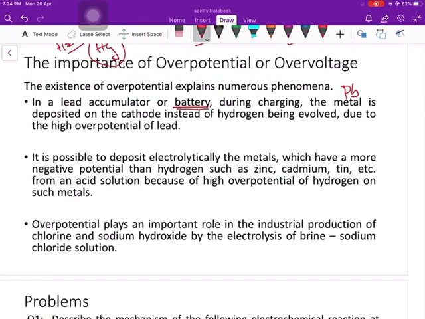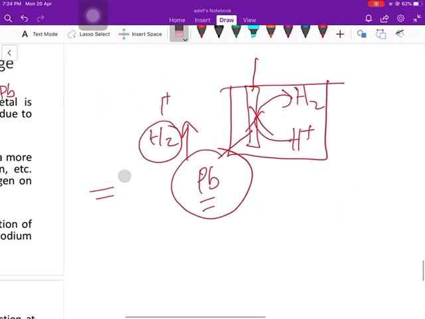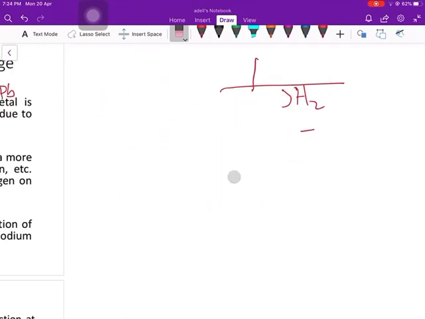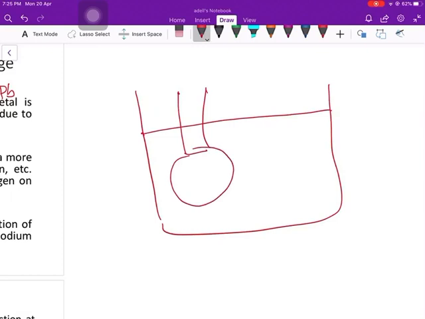The second importance of overpotential is in electroanalytical analysis. For example, in electrolytic cells for electroanalysis, let's say you want to do an analysis, and let's say this is mercury, Hg.